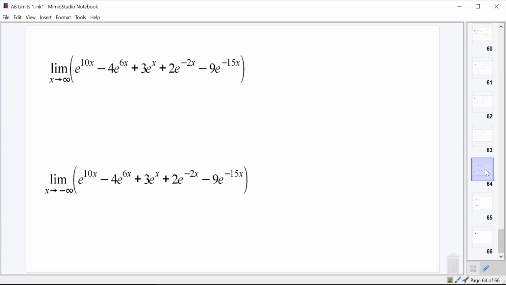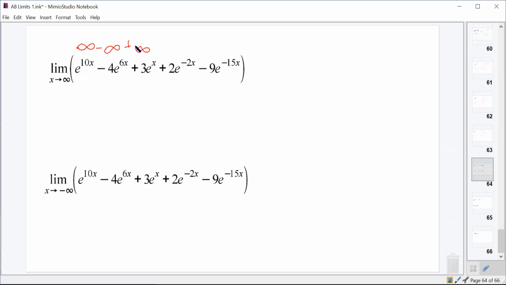If I just plug in infinity to e to the 10x, what's e to the 10x if x is approaching infinity? That's infinity, right? And what about the minus 4 e to the 6x? That would be minus infinity, wouldn't it? And what about plus 3 e to the x? That would be plus infinity.